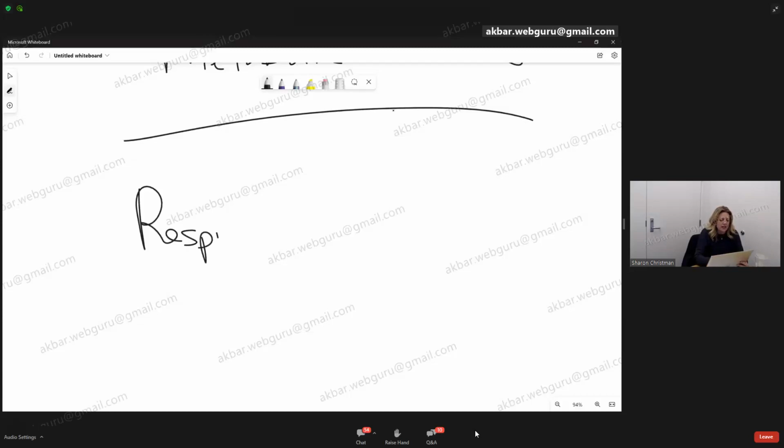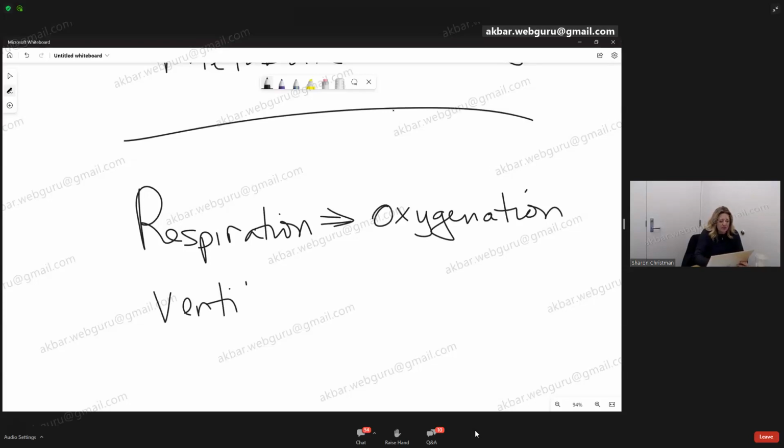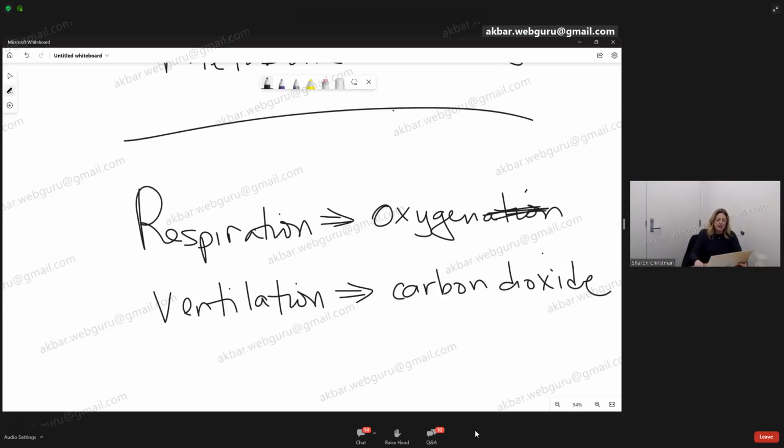Respiration, they say like respiration, usually they're referring to oxygenation. But if they say ventilation, usually they're referring to carbon dioxide. So you could say respiration is oxygen, ventilation is carbon dioxide.